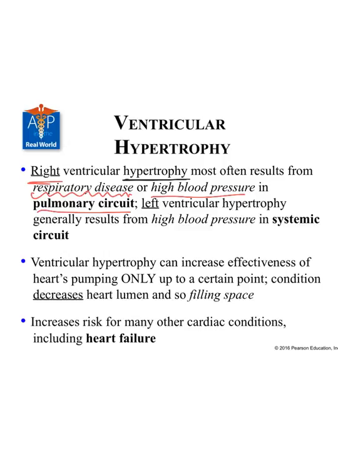Whereas if it's the left ventricle, which pumps into the systemic circuit, that means you have high blood pressure within that circuit. So again, the heart enlargement will only increase to a certain point.